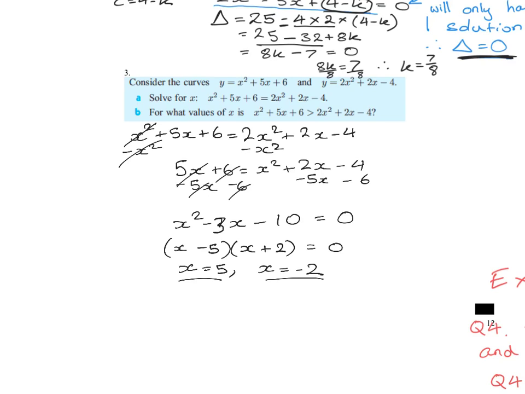So now, question B. For what value of x is x squared plus 5x plus 6 bigger than 2x squared plus 2x minus 4?